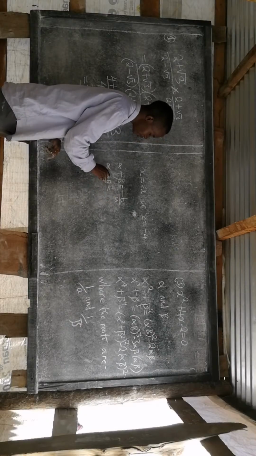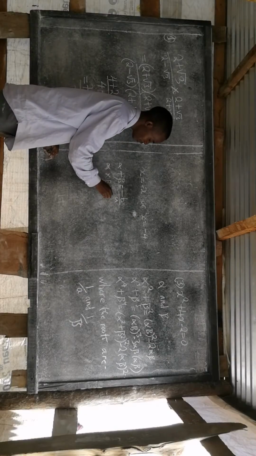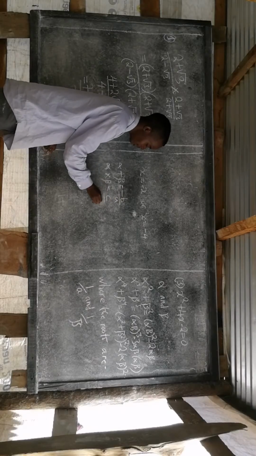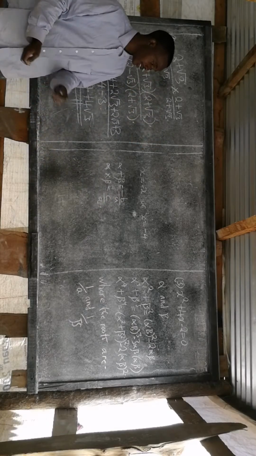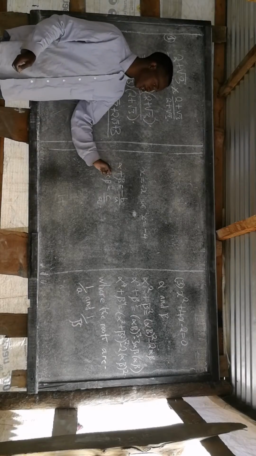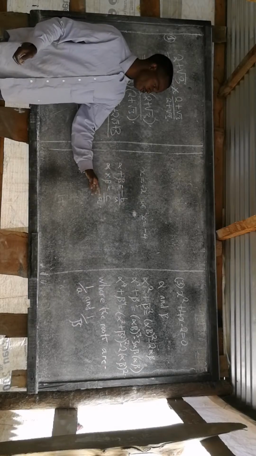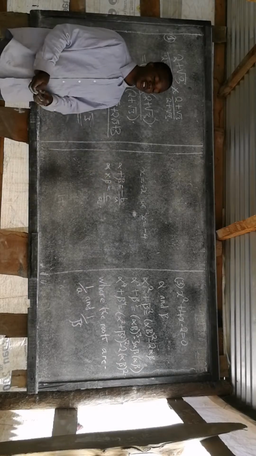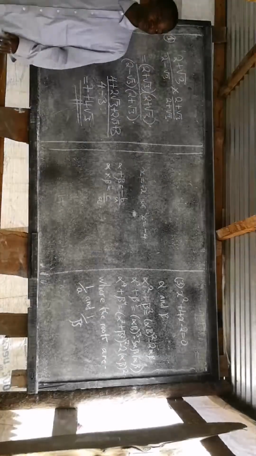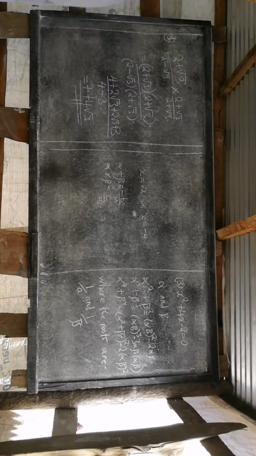Then alpha times beta is c over a. That is the only thing you need to know. These two formulas: alpha times beta is c over a, and alpha plus beta is negative b over a. Now, how can you find the roots?